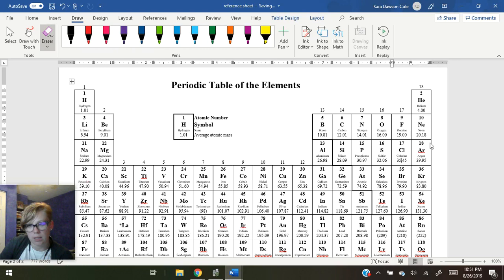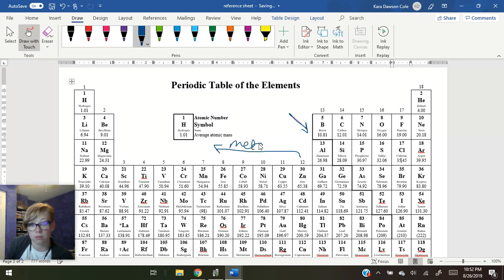So one thing to note on your periodic table is this really dark line right here. That's kind of like a staircase that goes down. This is separating the metals, so everything on this side are metals, from the nonmetals.